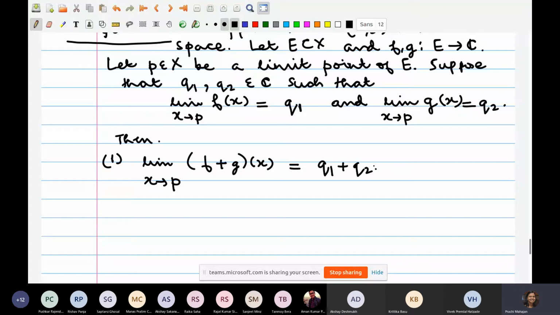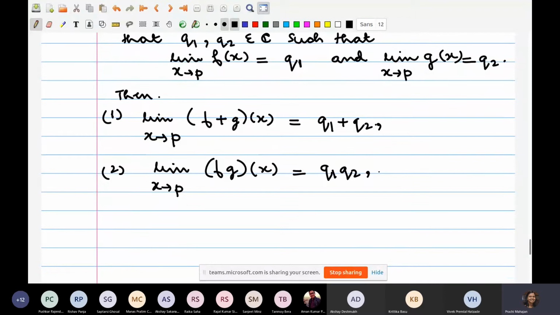This is again saying limit of the sum equals sum of the limits provided the limit exists. So limit of the function fg, this is the multiplication. So this is the product of limits. So limit of the product is product of the limits provided the limit exists.